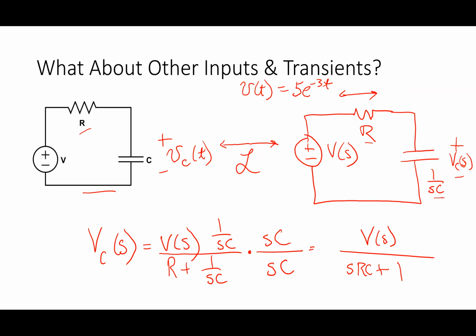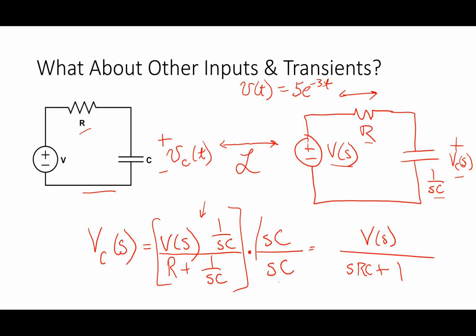And so if I want to solve for V sub C of S, the Laplace transform of the voltage across that capacitor, I use the voltage divider relationship, which is here: V of S, the input, times the impedance of the capacitor divided by R plus the impedance of the capacitor.